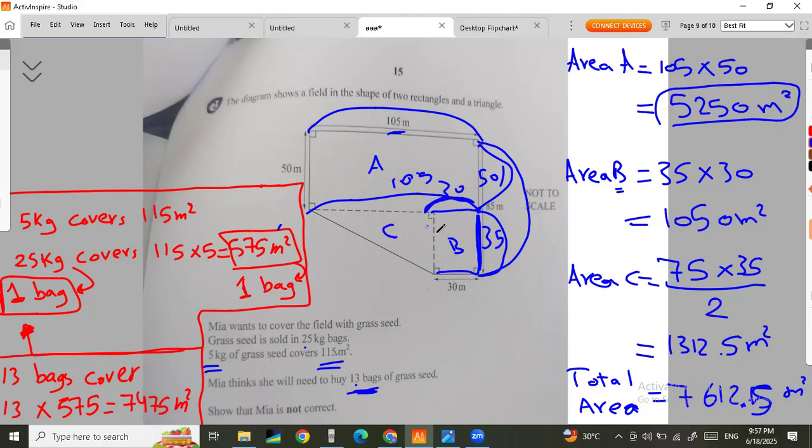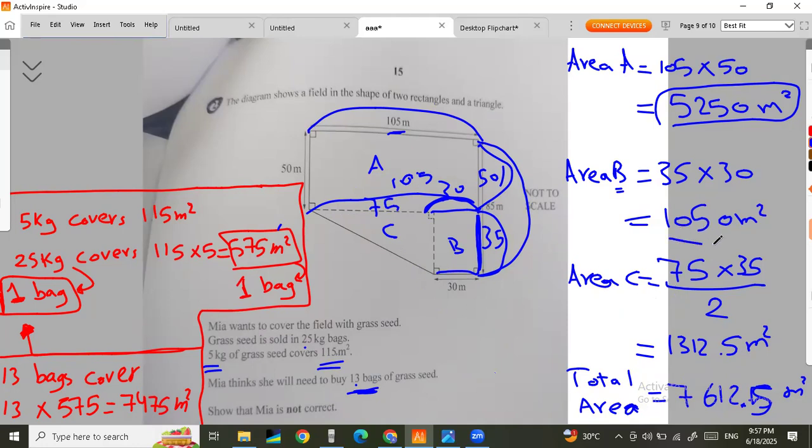So 75 times 35 over 2, base times height over 2. 75 is the rest of the 105. 75 times 35 over 2 gave me 1312.5 meters squared, and this is the area of the triangle.